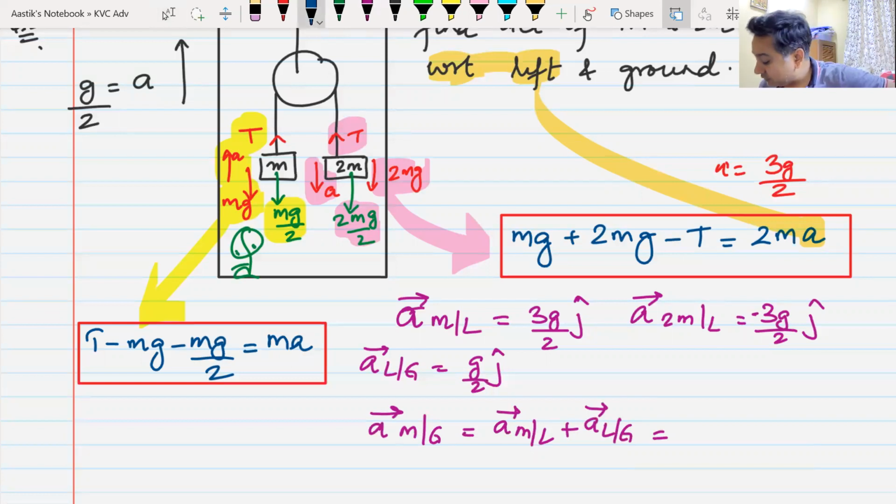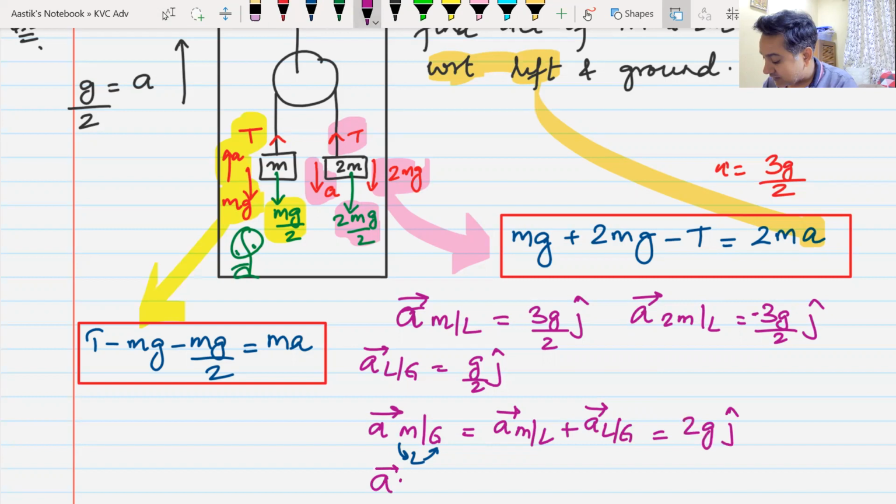I told you that you can put L in between. So if I add these two, I will get the acceleration of block m with respect to ground, and it will be 3g by 2 j plus g by 2 j. So your answer will come as 2g in the direction of j.